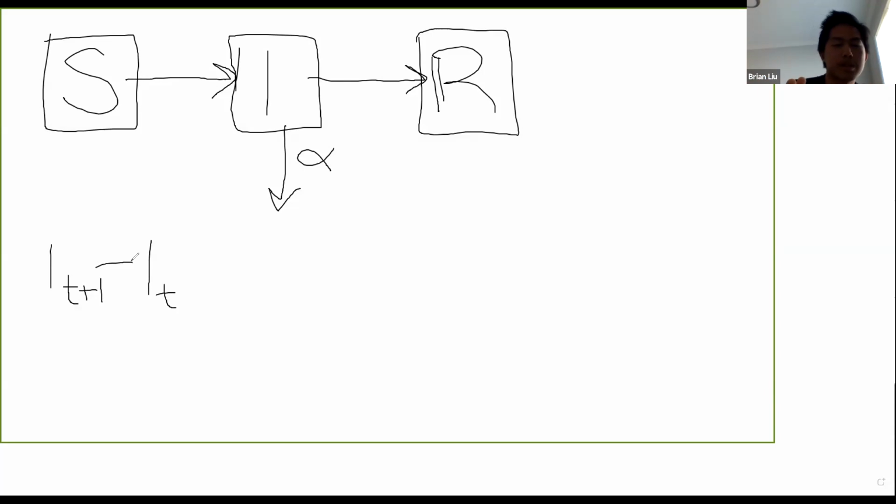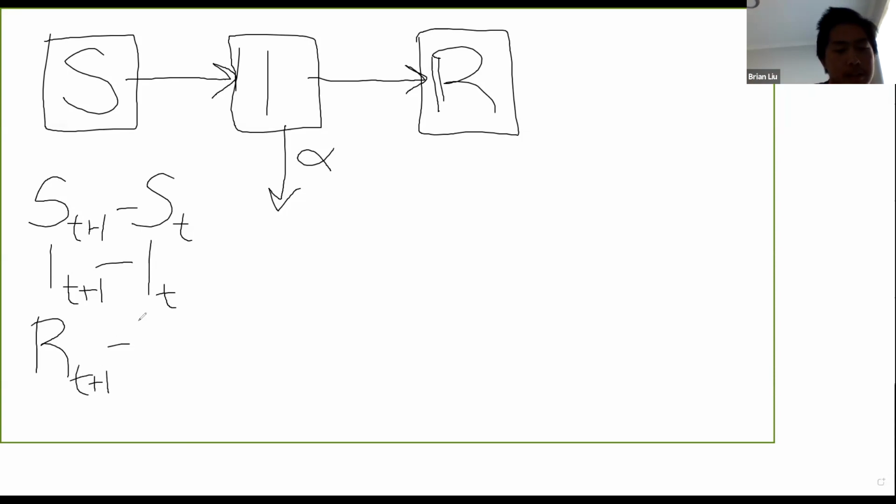And similarly, we can track the changes for S and R, the number of people who are susceptible and the number of people who have recovered. So S sub t plus 1 minus S sub t. That's what we're tracking. And similarly, we track R sub t plus 1 minus R sub t, the change in number of people recovered. If you haven't seen this notation, it's okay.